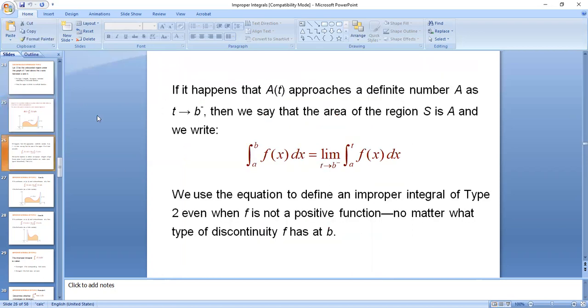So if it happens that the integral of f from a to t approaches a definite number A as t approaches b from the left, why am I saying from the left? If you see, class, a negative sign here, this means that this value b is approached from the left side. If it's b raised to a positive sign, meaning this value b is approached from the right side.